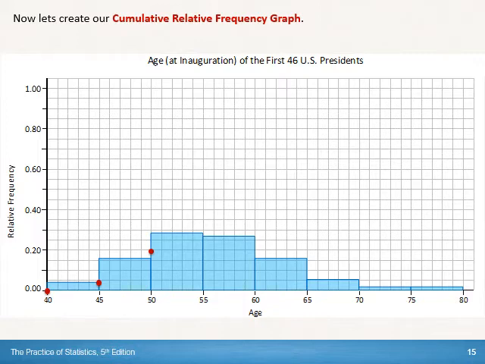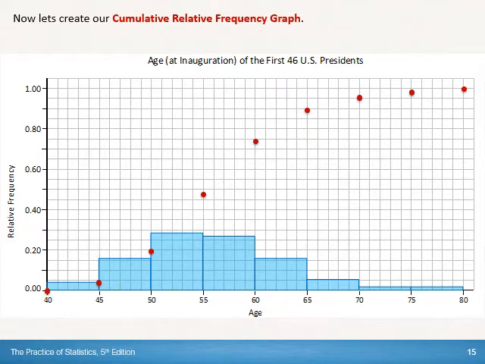So that means that about 19.6, almost 20% of the presidents are younger than 50 years old. And we just continue going down, putting dots for each of the corresponding right-hand boundaries for each of the classes. All right, and so finally at the end, at the year 80, we're up at 100 because 100% of the presidents are younger than that age.